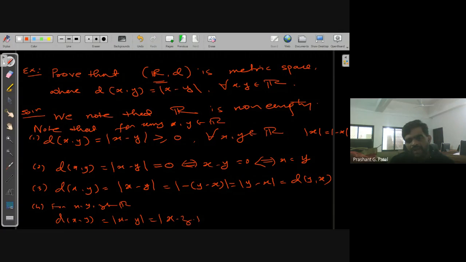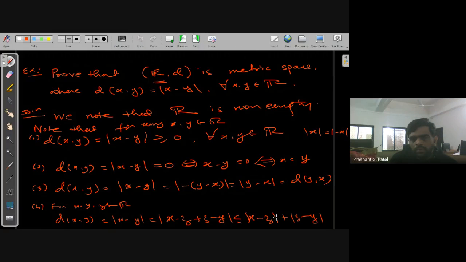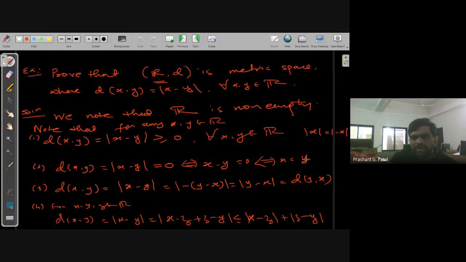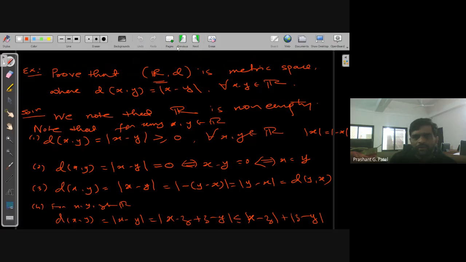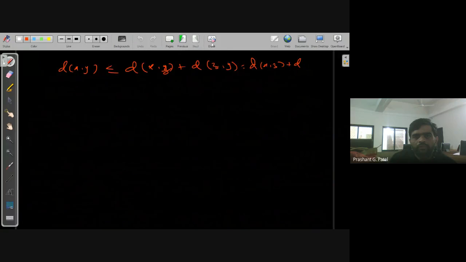If I add and subtract z here, then that is less than or equal to |x − z| + |z − y| by the triangle inequality, and hence d(x, y) is less than or equal to d(x, z) + d(z, y). Okay, fine. That's what is required.